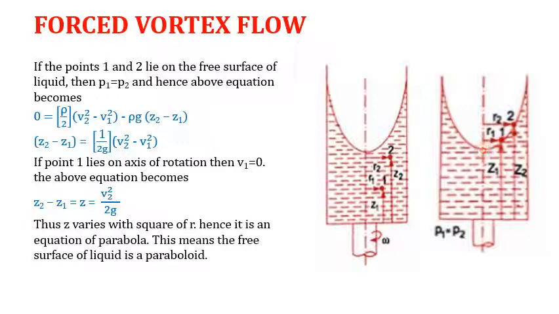So v1 is equal to 0, so we get z equal to v2 square over 2g. This is an important relationship which we are going to use as well. Thus z varies with the square of r, because v is r omega, so you can also write it like r2 square omega square. Since it is an expression of a parabola, this means that the free surface of liquid is a paraboloid.